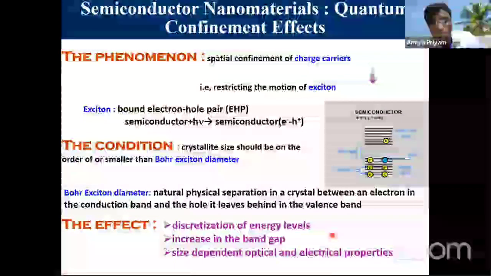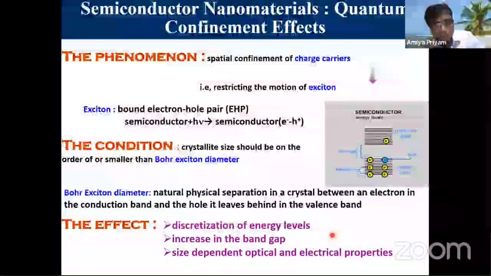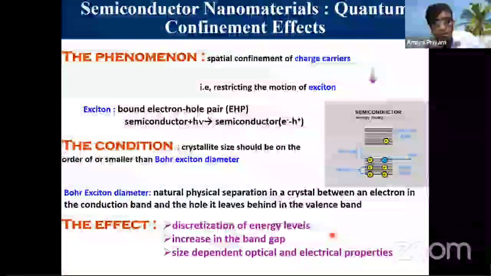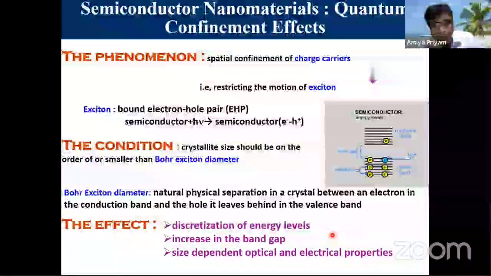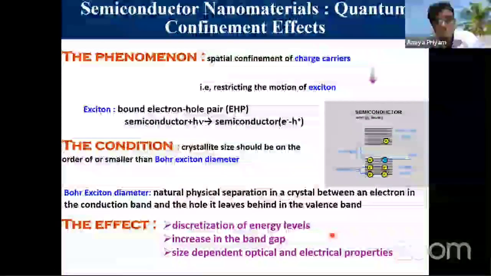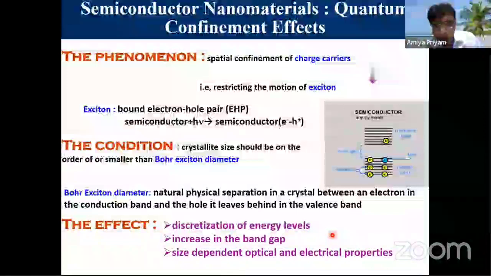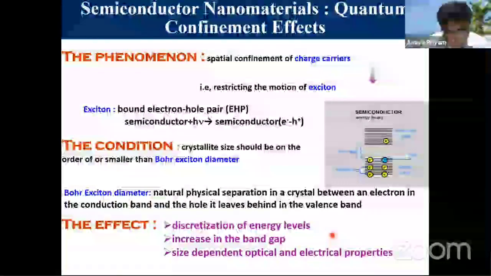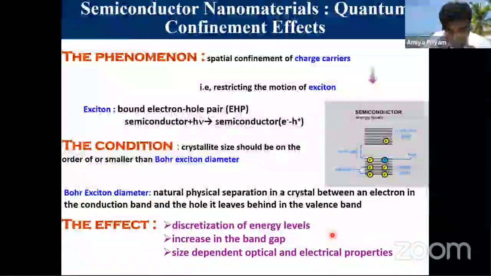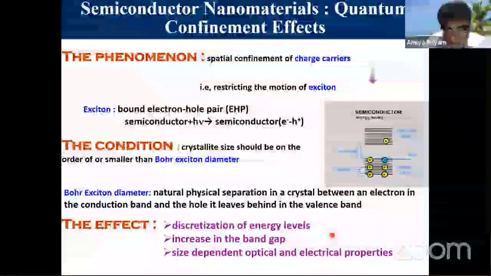The bands, that is, the continuum of energy levels, get discretized, and the discretization is more and more as you go smaller, so discrete energy levels start appearing in the band structure, which I'll show.